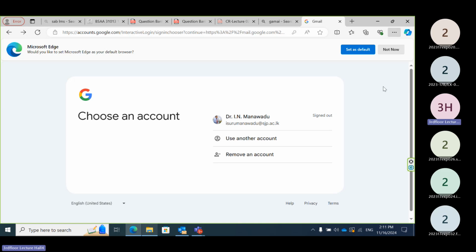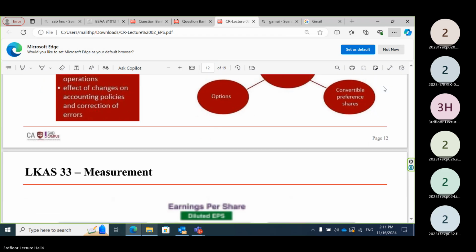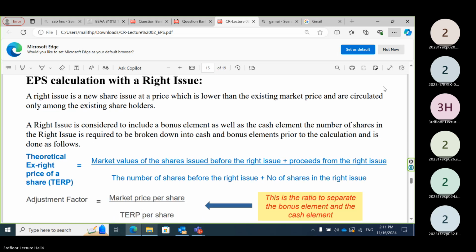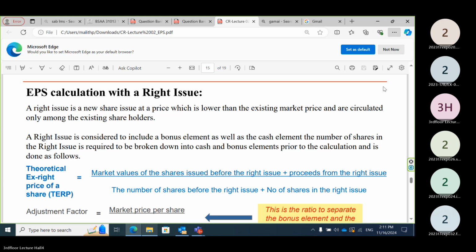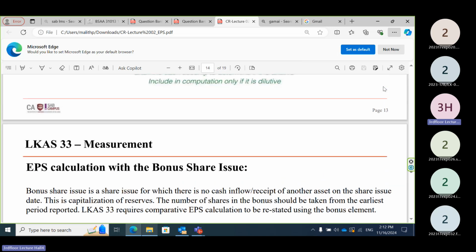Theoretical ex-rights price calculation. Help calculation. Before that, we have a slide here.